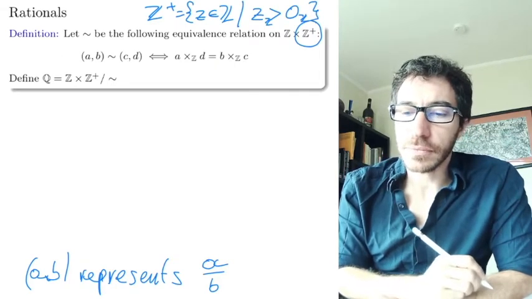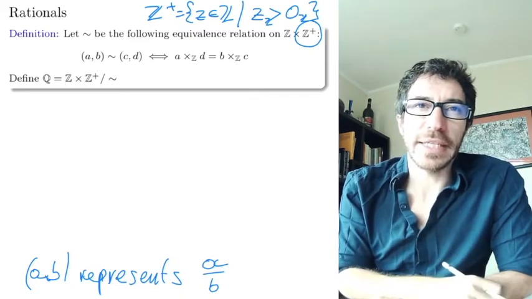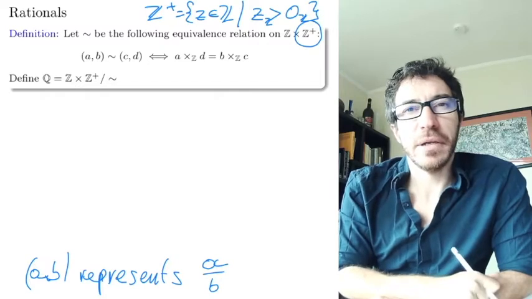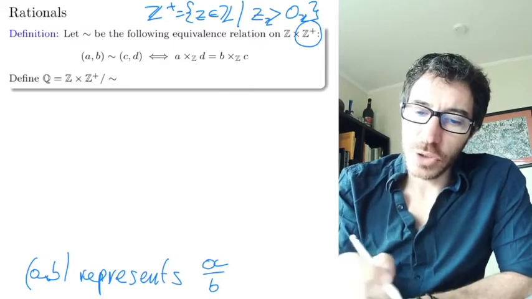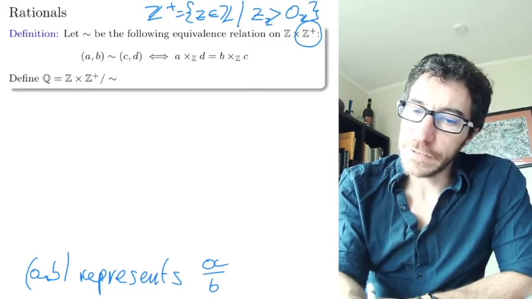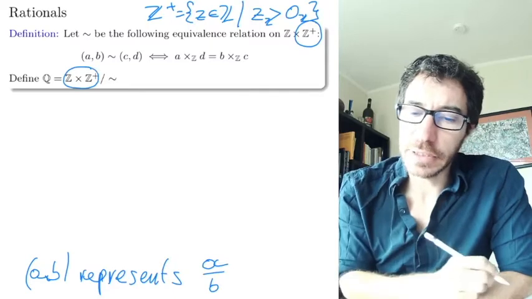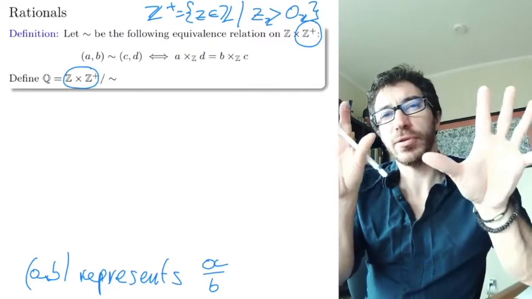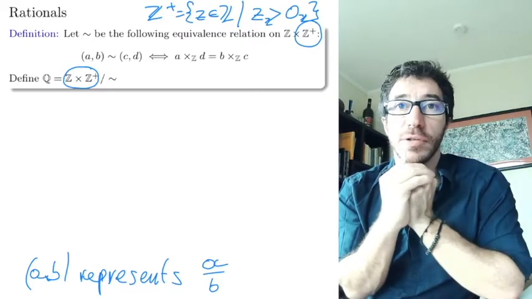So positive integers, because for the quotients, you might as well take them all to be positive to simplify. And then we take the quotient: we take a set of pairs, and two pairs that are equivalent, we want to make them equal. And now we got the rationals.